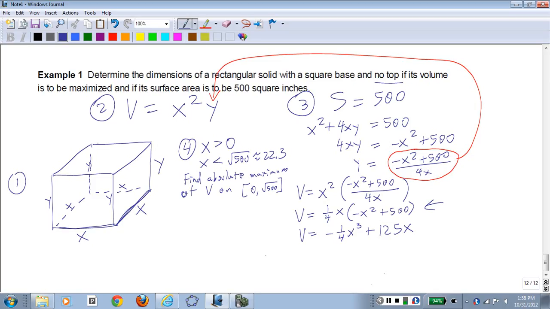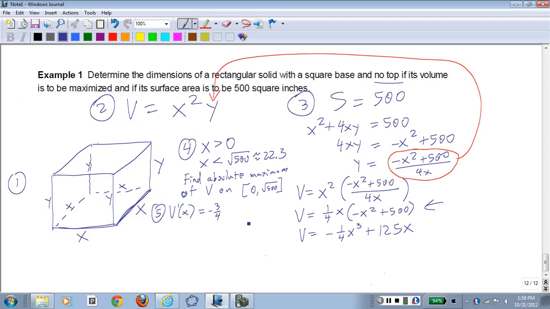So I like the closed interval because we can use that process of finding extreme values on a closed interval, and the extreme value theorem will work. So finally, step 5. Take the derivative: v prime of x equals negative 1, what's 3 times negative 1/4?